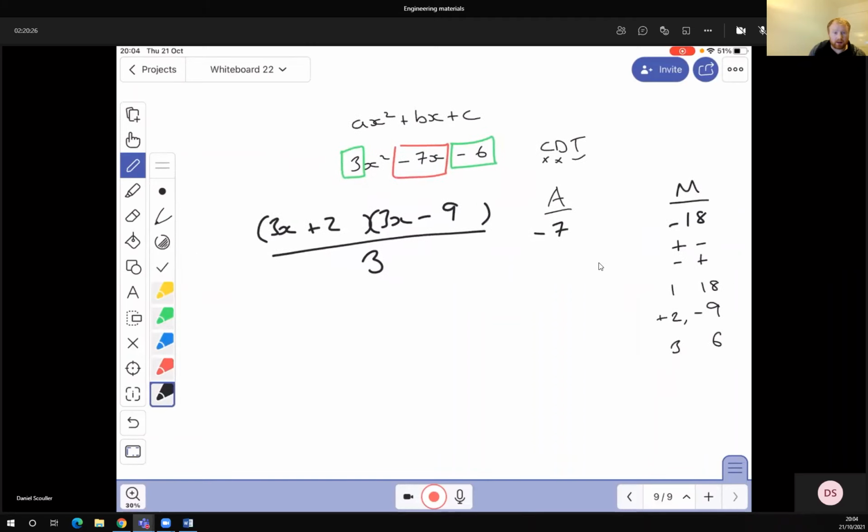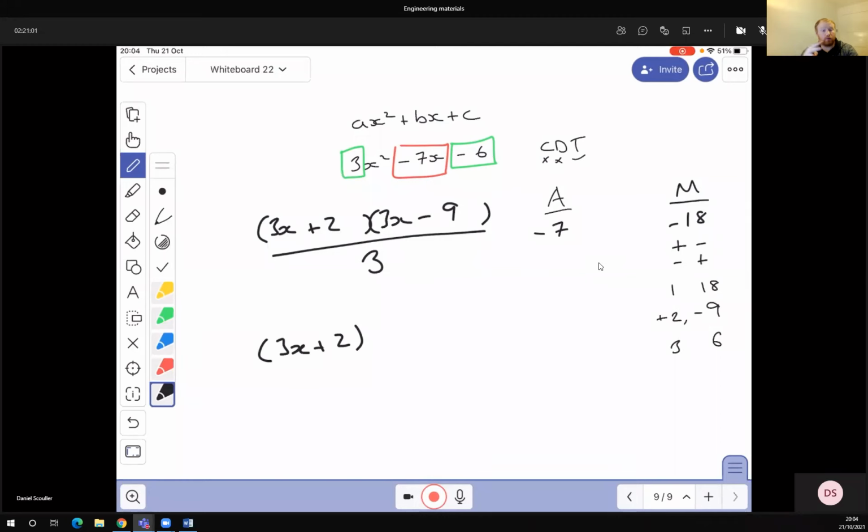Then we treat each of the brackets the same. We want to bring out common terms. On the left hand bracket, the 3x plus 2, there's no highest common factor. There's no common factor with 3 and 2, other than the number 1, so that bracket stays the same. The right-hand bracket, 3x minus 9, the highest common factor there is the number 3.